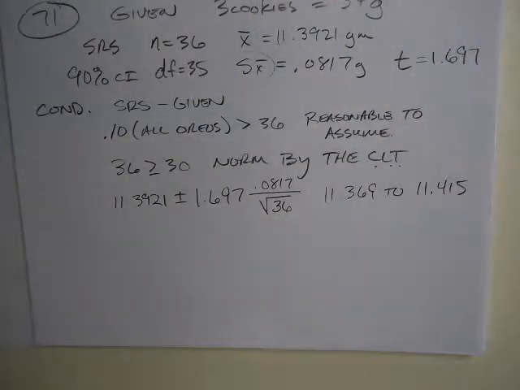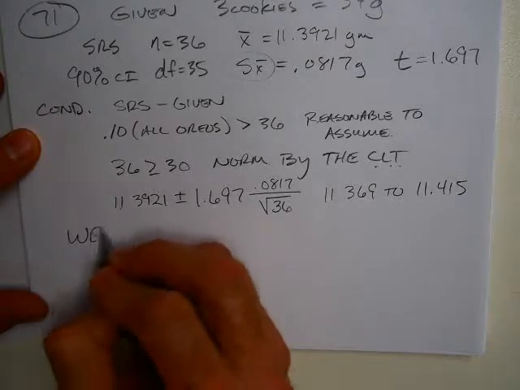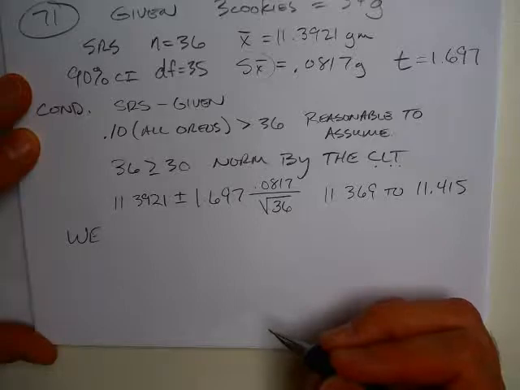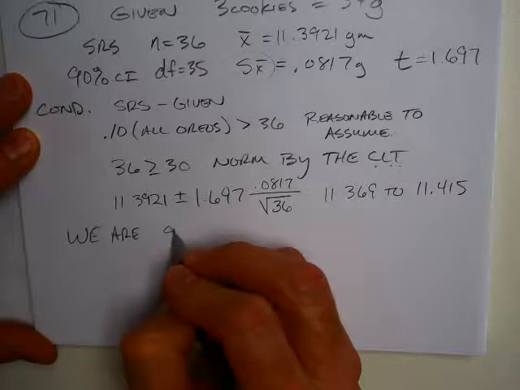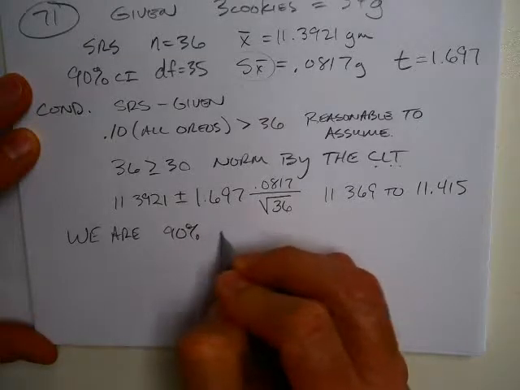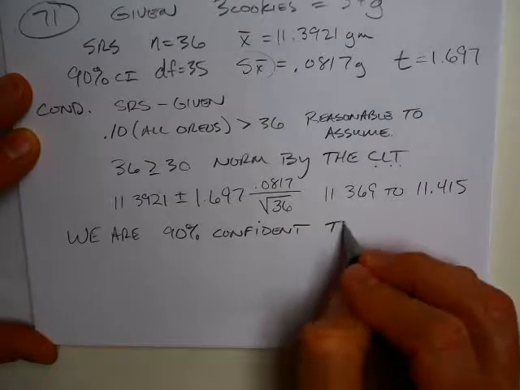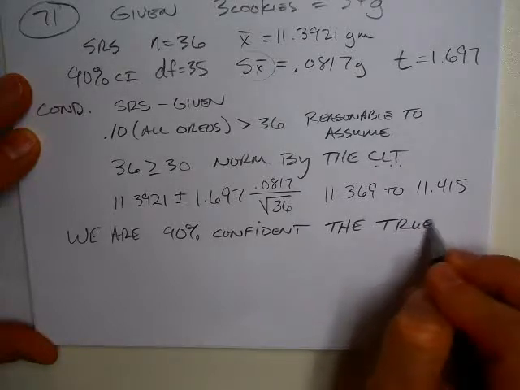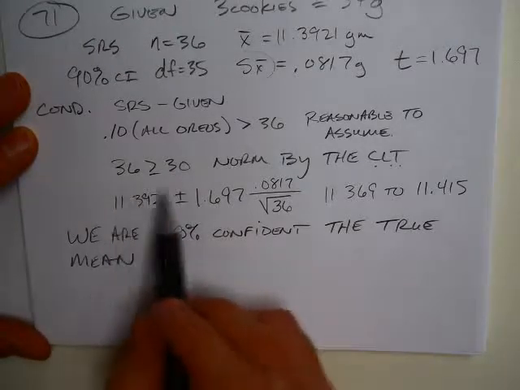So now we have to answer in context. Even if it's just you, we say we, because we're nice people and we give everybody credit in this class apparently, in stats, okay? We are 90% confident the true mean, how do I know it's mean and not proportion?